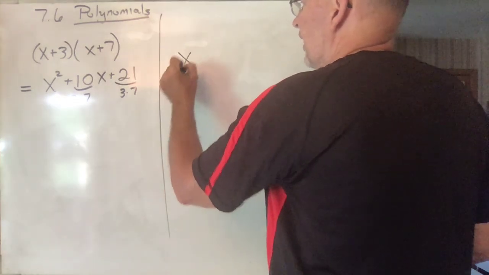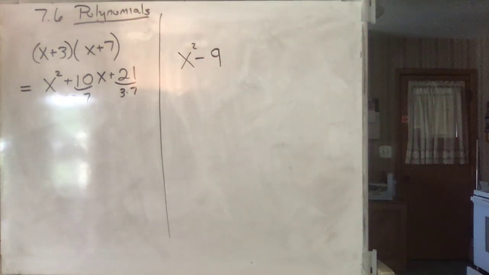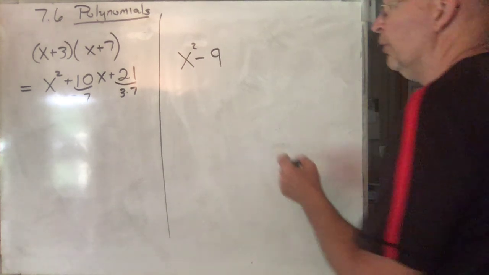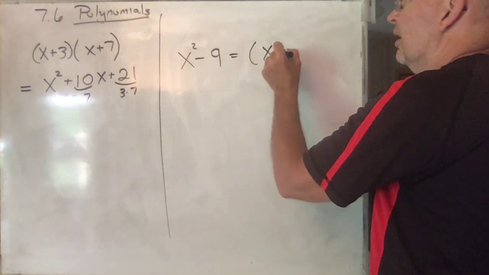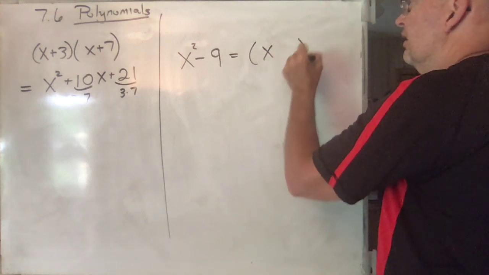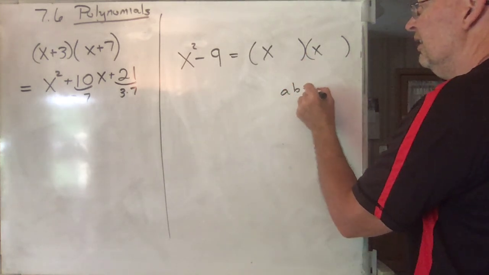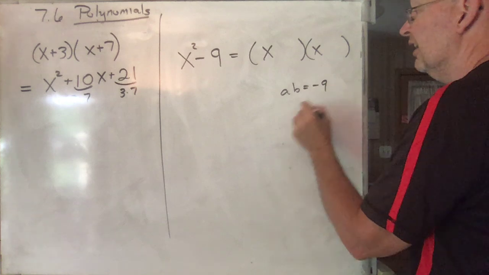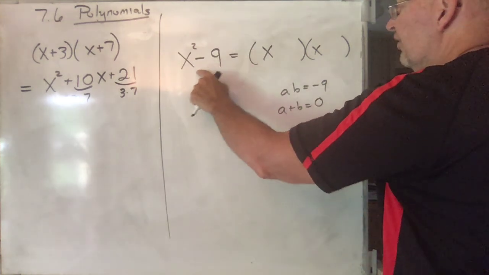Let's try this one. How about x squared minus 9? Well, you can do it a couple ways. One way is to say I want to write this as x here and x here, and I want a and b to multiply to -9, and I want a plus b to add to 0 because you don't have any x's there at all.